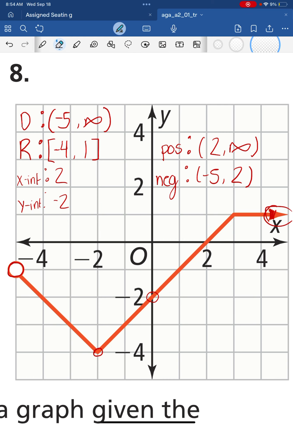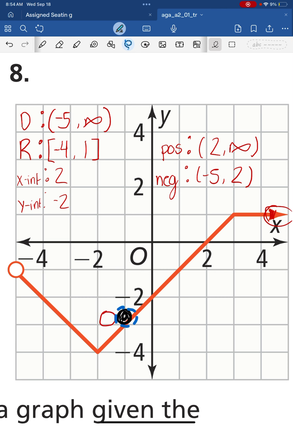One thing that you're going to want to review as well is increasing and decreasing. So remember, we know that our function is decreasing, because imagine that I have a ball. If my ball is able to just roll downhill, I'm decreasing.